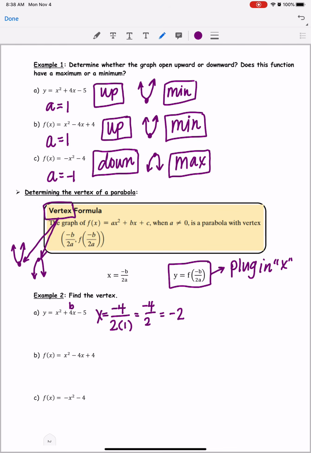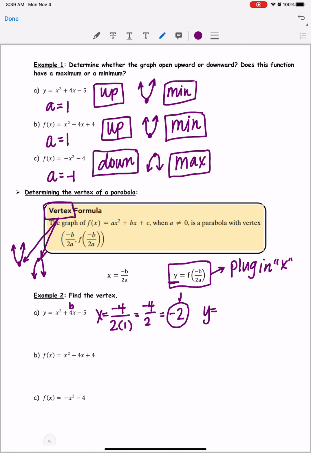Okay, so that's one answer. And I guess I'll circle this because it's not my final answer, but we're going to need that. That's what my x coordinate is. So now to get my y coordinate, right, because these are always in x comma y, now I need to plug in my x. So to get y, we've got y equals x squared.